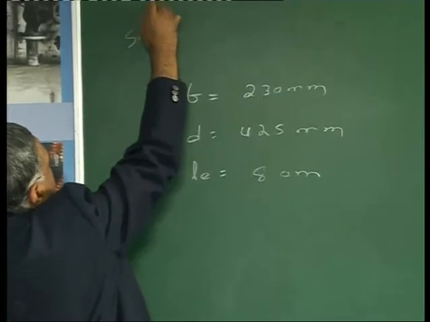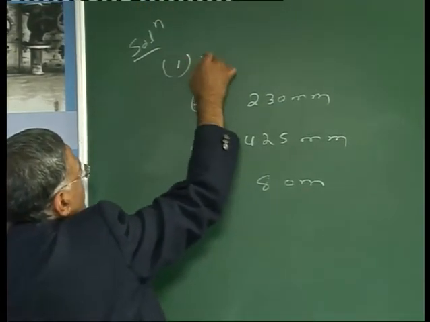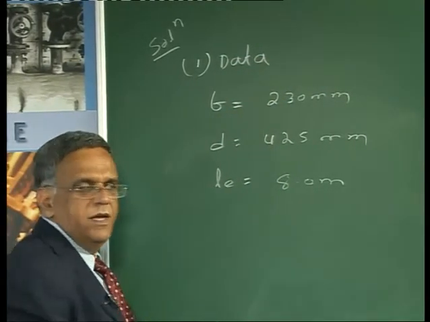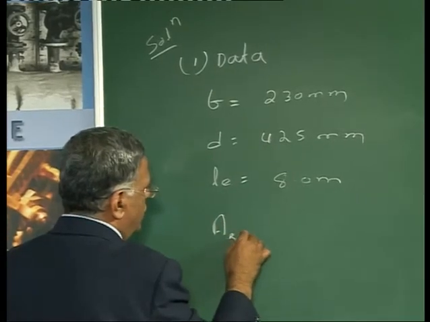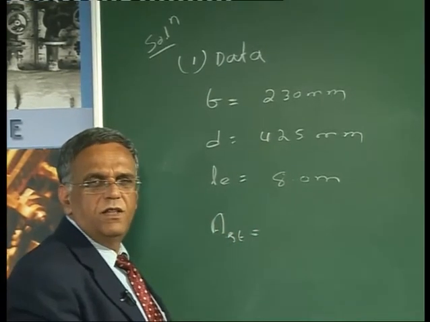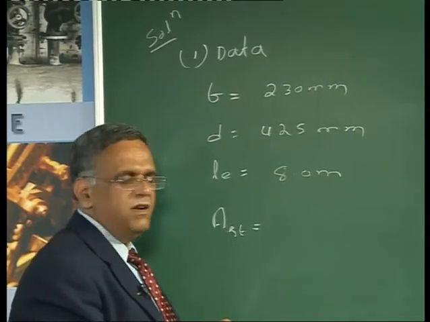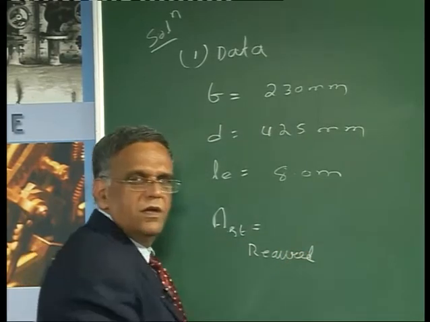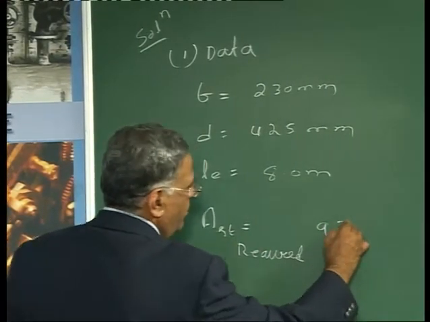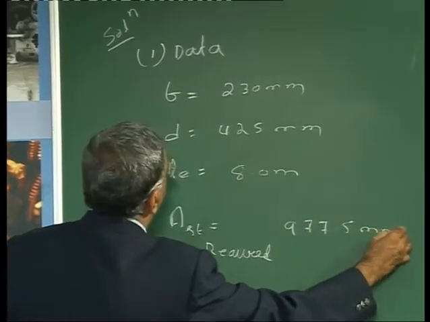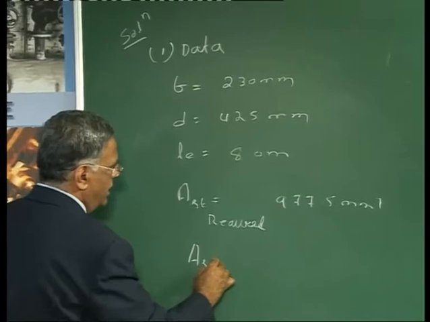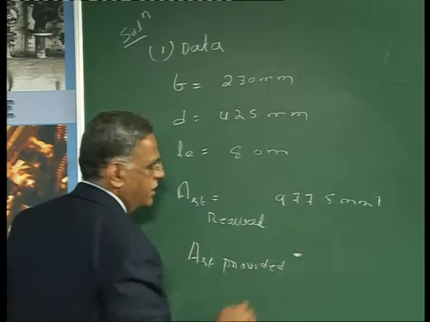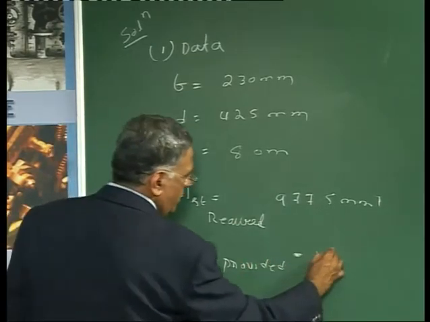So the solution starts with writing of whatever the data given in the problem. We use the notation AST for the tension steel, area of tension steel. AST required is 977.5 mm square. Then AST provided is 1256 mm square.